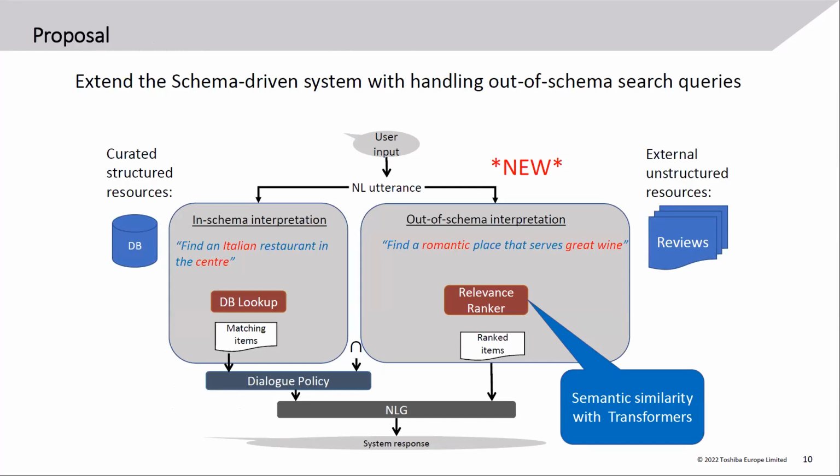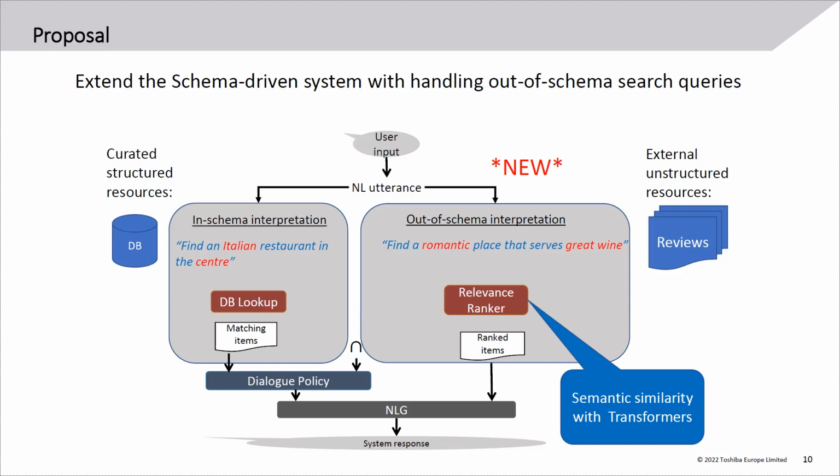So the proposal here is to extend the schema-driven system with handling of out-of-schema search queries. On the left-hand side, we have the legacy component, or the component that processes utterances that contain structured information, such as food type and area, or price range, and performs database lookup and extracts matching items.